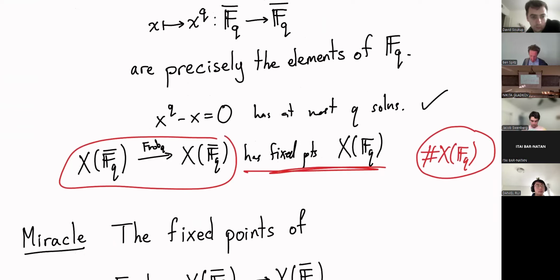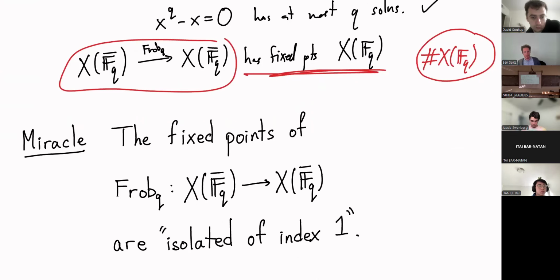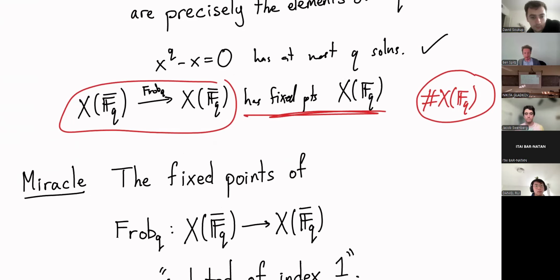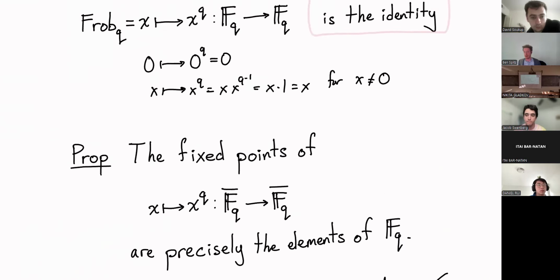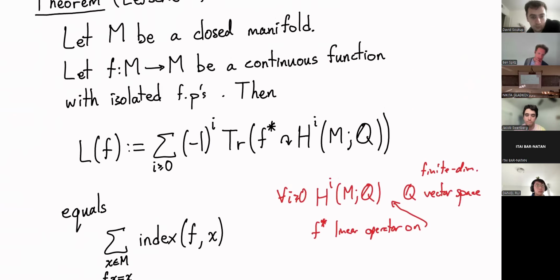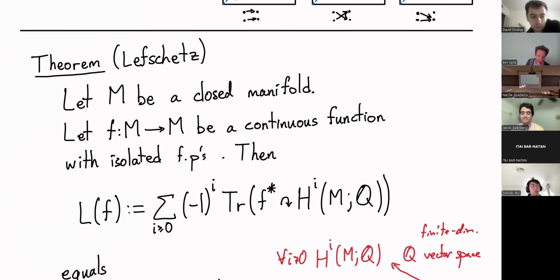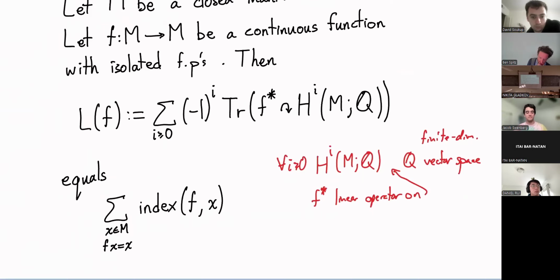And here's another fact, which I will not explain. All of these fixed points of Frobenius are going to be isolated fixed points, and they're going to have index 1, whatever that means. So the plan is to do a Lefschetz trace formula. We try to count these fixed points by just saying, okay, it'd be cool if they all had index 1, then this would be the number of fixed points.